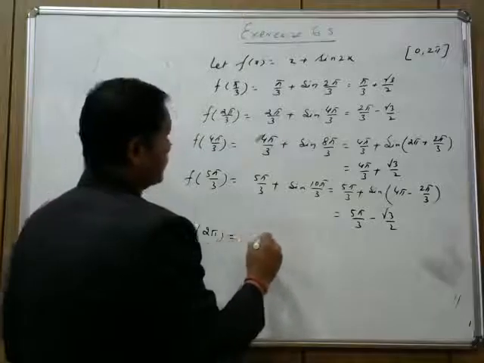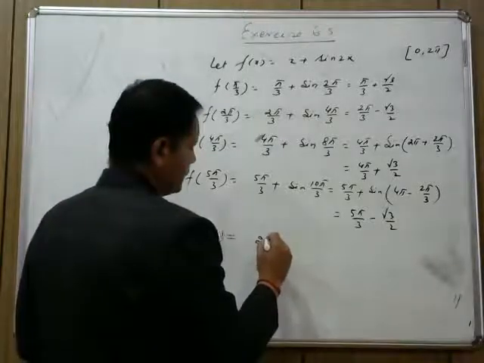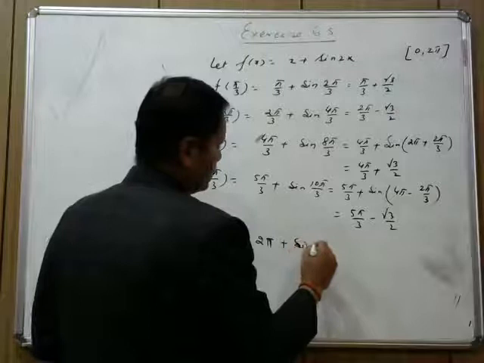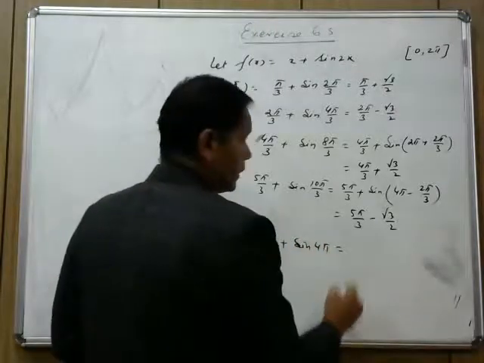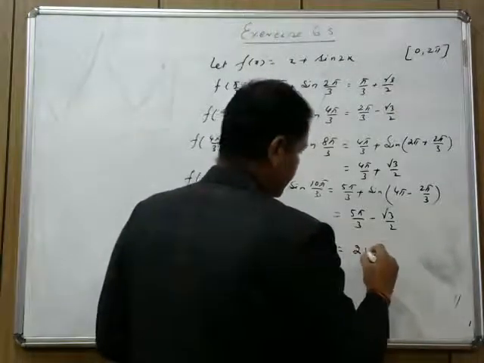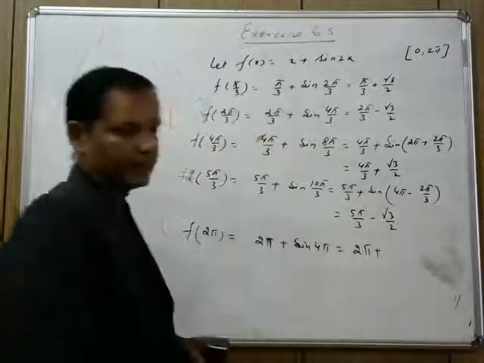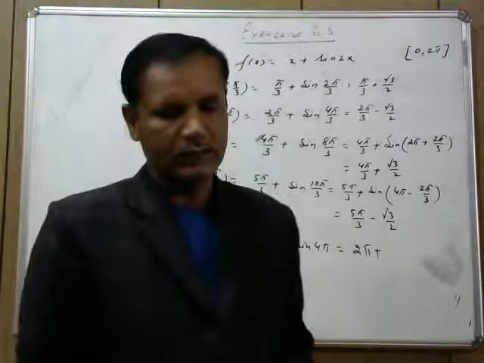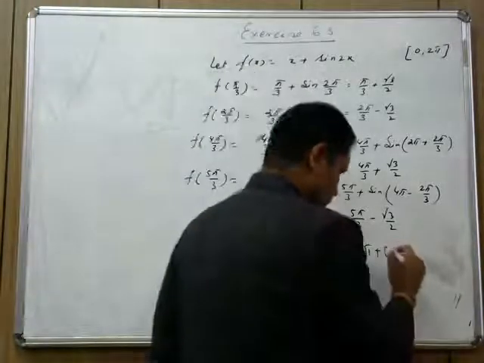Now f of 2 pi is equal to 2 pi plus sine 2 into 2 pi, that is 4 pi, and that is equal to 2 pi plus sine 4 pi, how much? 0, and that's why sine 0 will be 0, that is here 2 pi.